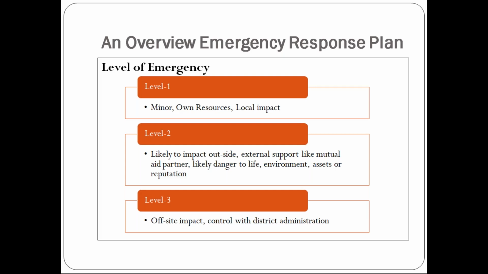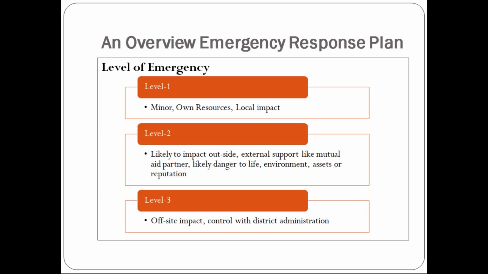In that scenario we need external support to contain the level 2 emergency, like mutual aid partners. In this case there is a likely danger to life, environment, asset or reputation if it is not controlled or managed in a very efficient way. Then level 2 may escalate to level 3.